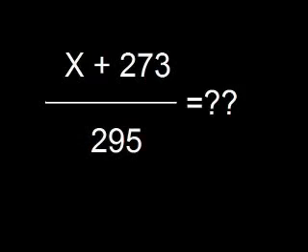Now let's look at the temperature correction factor. We will say our reference is 295 Kelvin. This is at room temperature, so the equation looks like this. X plus 273 divided by 295. X is supposed to be measured in Celsius. So let's say we measure a value of 28 degrees Celsius. This becomes 28 plus 273 divided by 295.